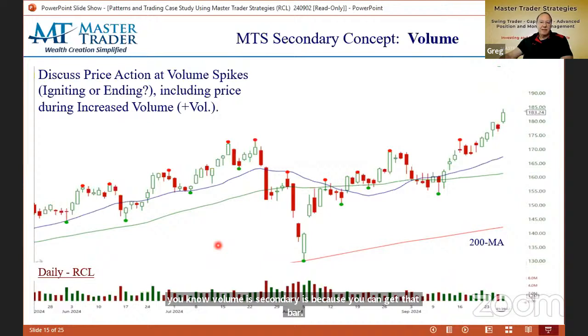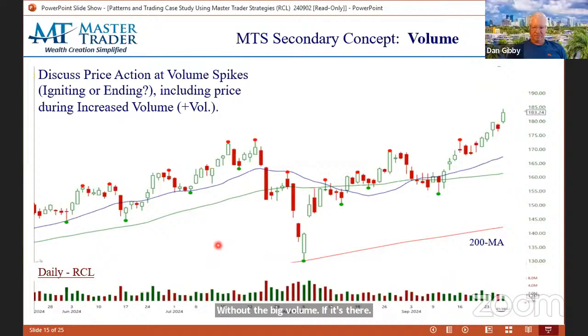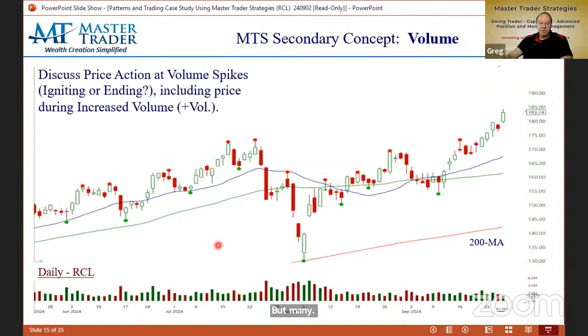If it's there, fantastic, but many times it won't be. Here it was, and it leads us to think it's going to go lower, but it just kind of drifted up. Another one of the concepts that we utilize, my drawing here, is that we want to see the open and close stay in the lower 50% of that bar.